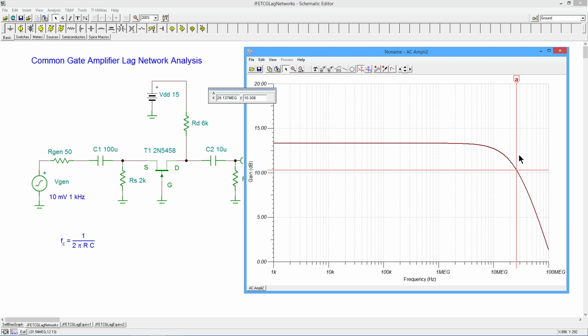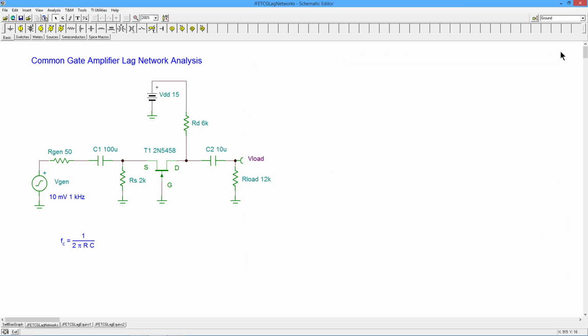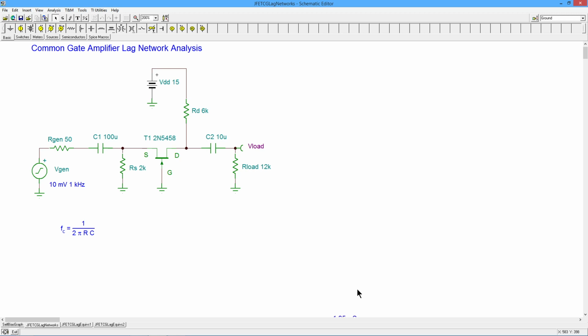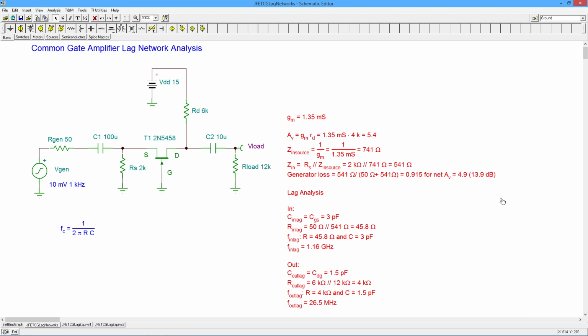All right. Okay, how did that compare? Where were we? Well, I just happened, big surprise, to copy some of this stuff down. So here were the original calculations that we did: 26.5 megahertz.